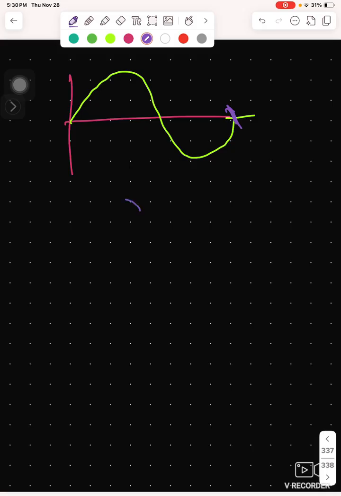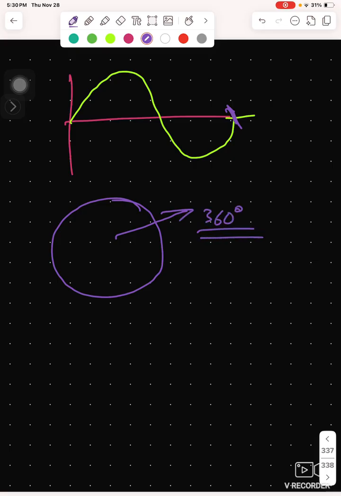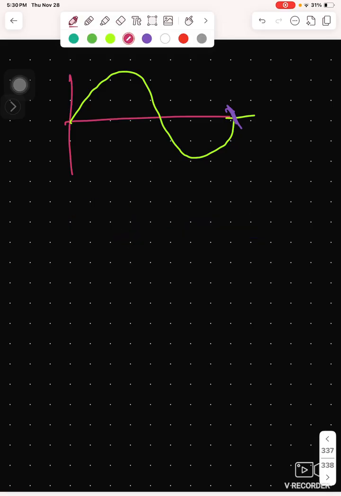If this is a circle, we know this circle is 360 degrees. So we can say the phase of the wave, after this over here, is 360.